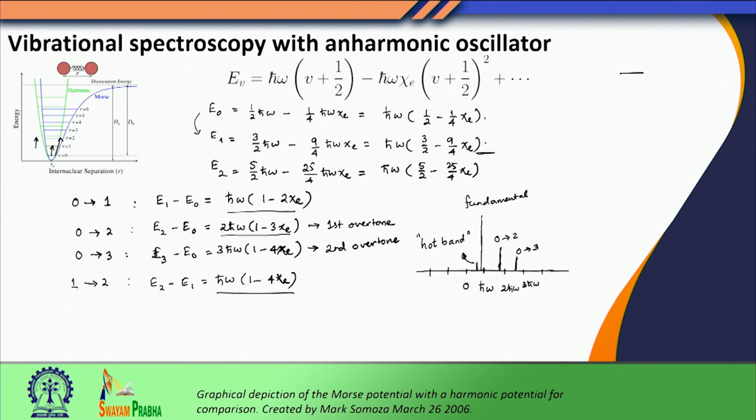One is electrical anharmonicity, which arises when we allow higher order terms of the electric dipole moment to be present, and the other is mechanical anharmonicity, when we replace the harmonic oscillator potential with an anharmonic oscillator potential. In this class, we discussed one particular anharmonic oscillator potential, that is the Morse oscillator potential.